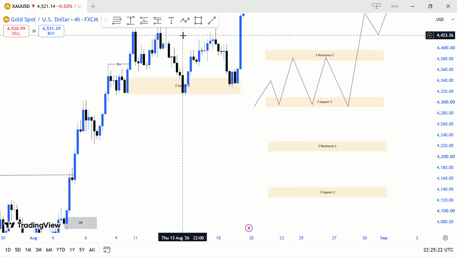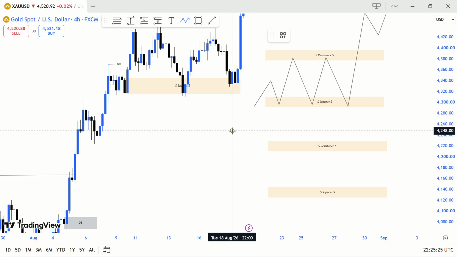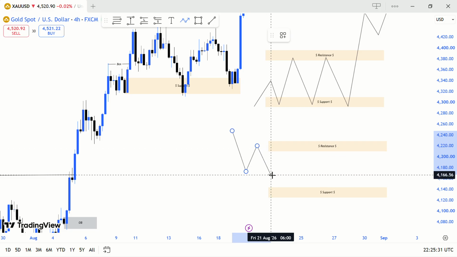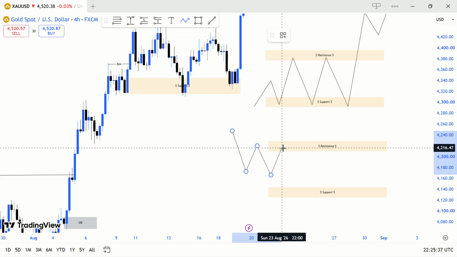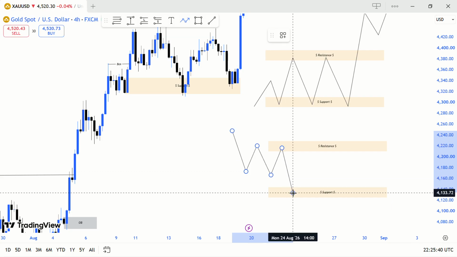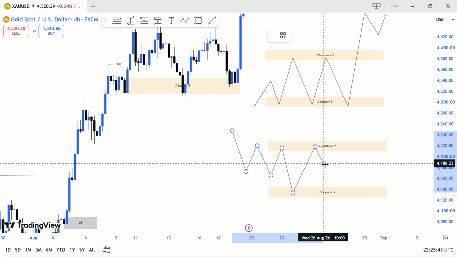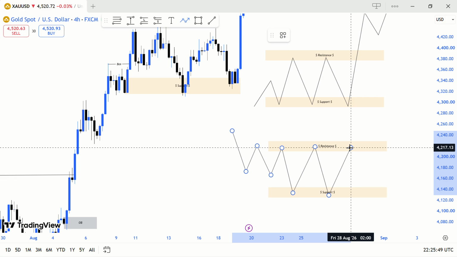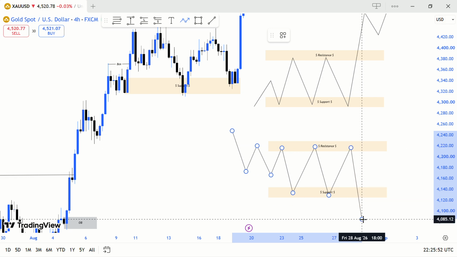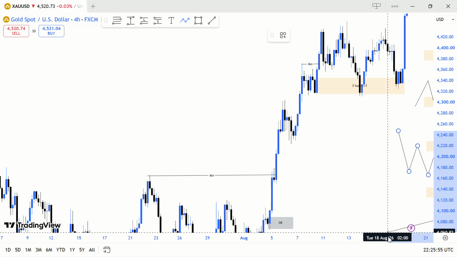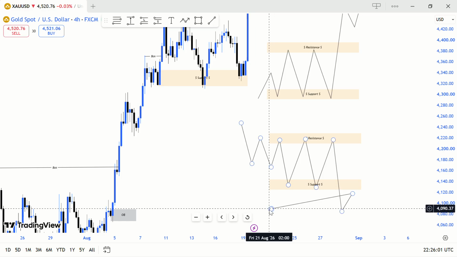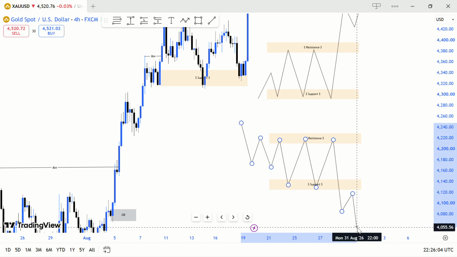So let's say this is a bearish move, and we got this to this, we got this to this. Then of course you know that the market will eventually go down.